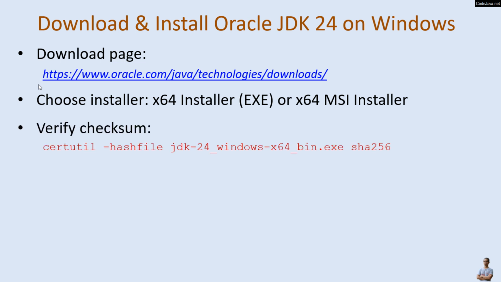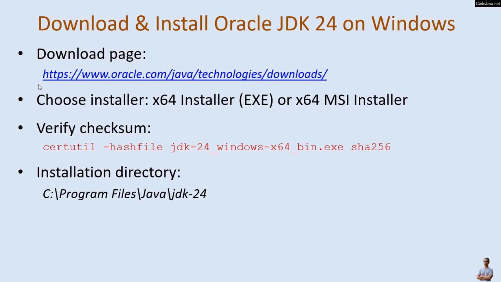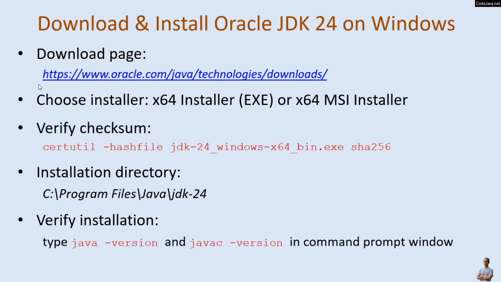And it's also recommended to verify the integrity of the downloaded file using this certutil command on Windows, and by default it will install Java Development Kit onto this directory. And to verify the installation of Oracle JDK, open a new command prompt and type java -version and javac -version in the command prompt to verify the installation.